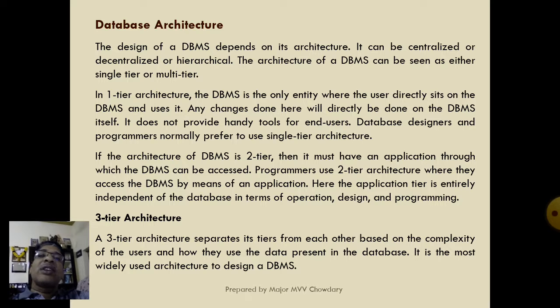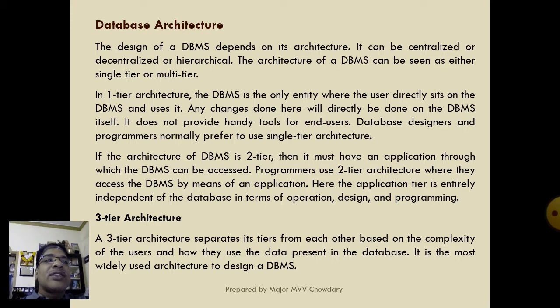Next level is three-tier architecture. A three-tier architecture separates its tiers from each other based on the complexity of the users and how they use the data present in the database.